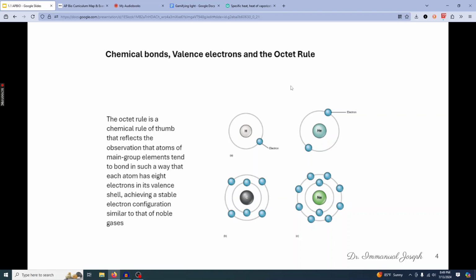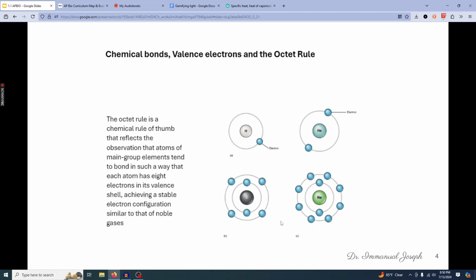And there is a rule called the octet rule, which means that most of the elements in the periodic table try to get to a stable configuration, which is the configuration of inert gases. If you look at a periodic table, on the very right-hand side, you're going to see the column called inert gases or inert elements. These are elements that do not react with anything else because they are comfortable in their electronic state.